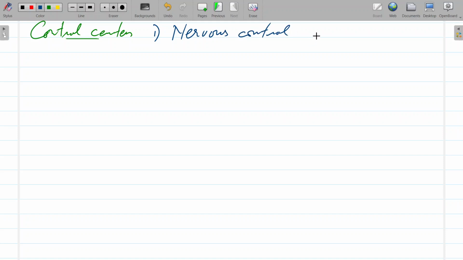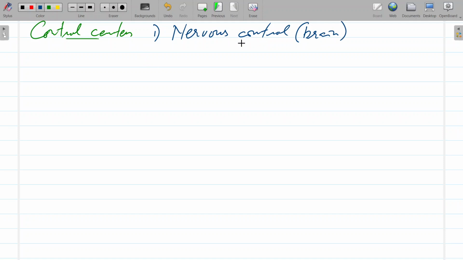There are two main control centers in the body. The first is called nervous control, the main regulator for which is the brain.